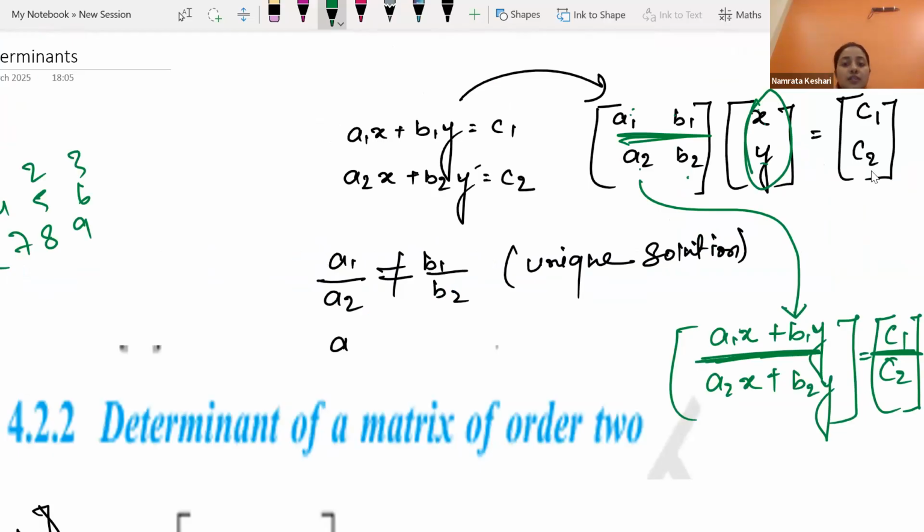Okay, so let's get back to this unique solution case. A1 by a2 not equal to b1 by b2, you know this is the case where we will get one and only one point of intersection, and that's the case of a unique solution. Now if we simplify it a little bit, we can say a1 b2 not equal to a2 b1.